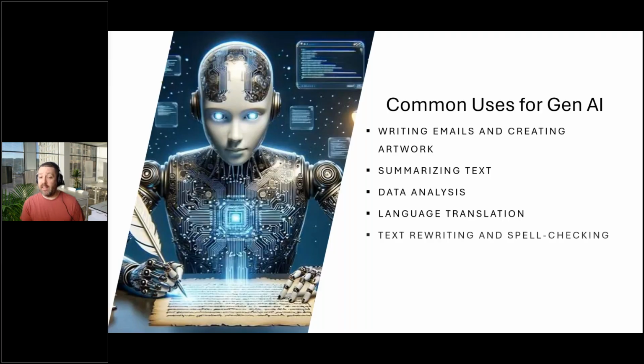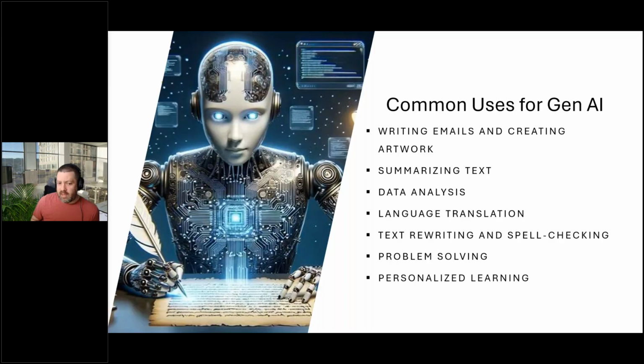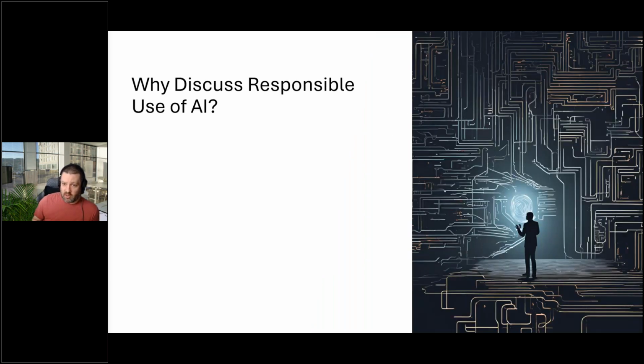It can do language translation for you and do it very well. It can even do language translation on the fly. It can do text rewriting and spell checking. It's a great editor. It can do problem solving if there are things you don't know how to do or questions that you might have. And it can help create personalized learning journeys for individuals inside your organization.